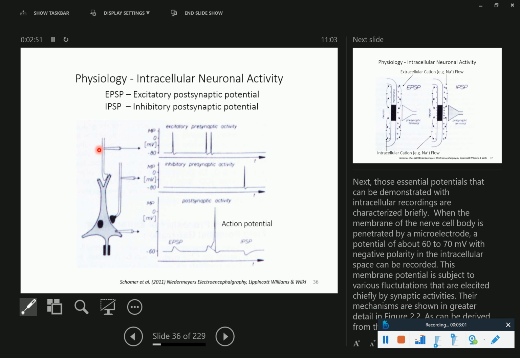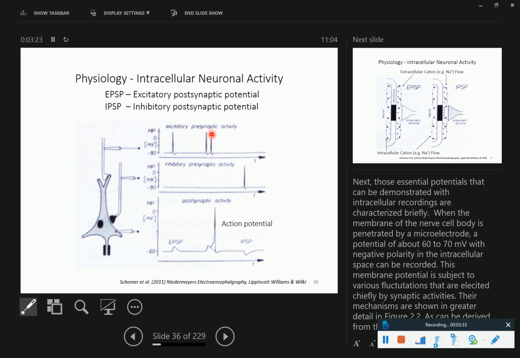Here you have an electrode that measures the presynaptic activity of a dendrite that forms an excitatory synapse with the pyramidal cell neuron. So here you have some spiking activity going on, and then you can see that there is a little bit of a build-up of an excitatory postsynaptic potential at the postsynaptic neuron, the pyramidal cell neuron that we're interested in, which is measured here.